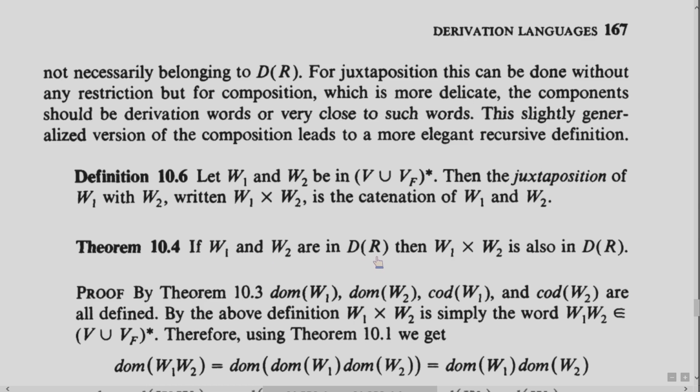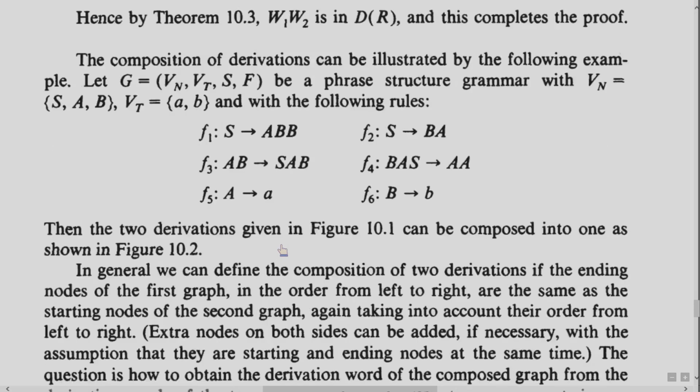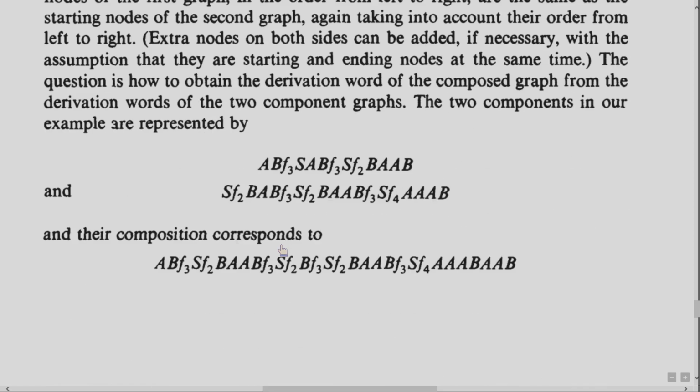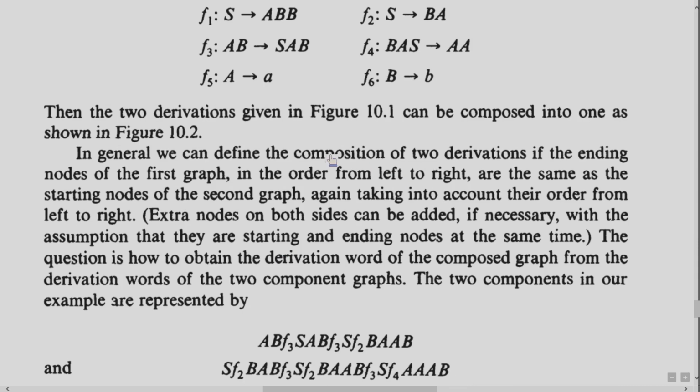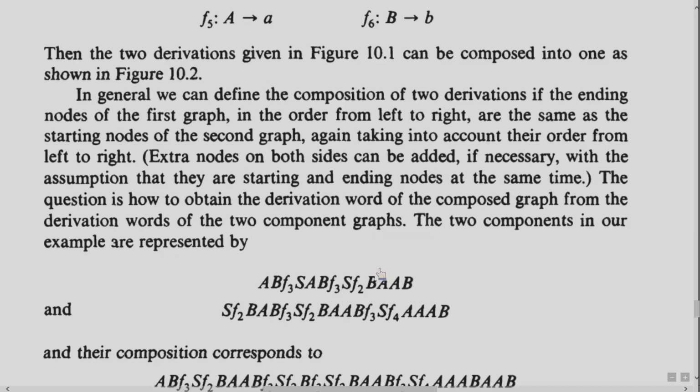Nothing extraordinary is being done here. Similarly, we have a theorem: if W1 and W2 are in the derivation language, then W1 cross W2 is also in the derivation language. If W1 and W2 are words contained in the derivation language and you apply juxtaposition on them, then the result will also be part of the language.